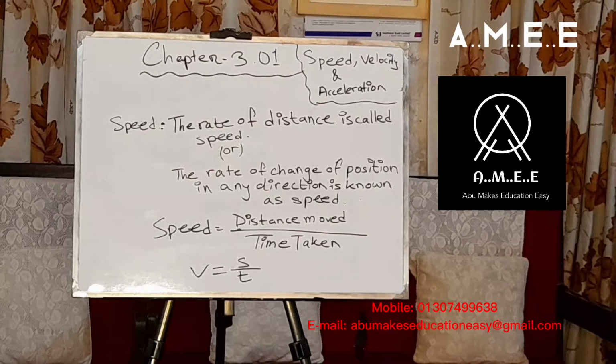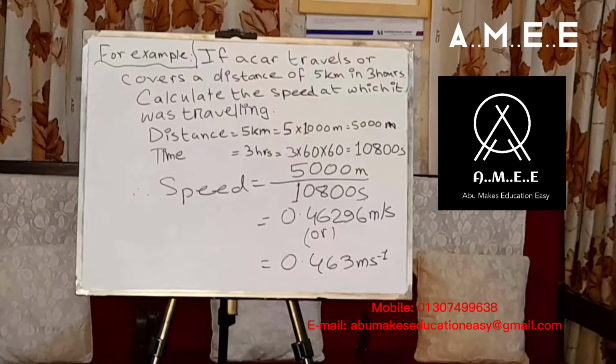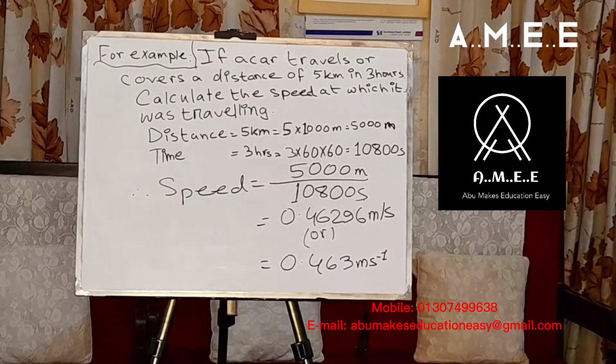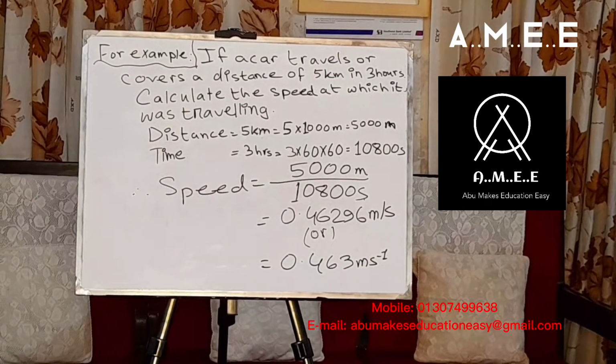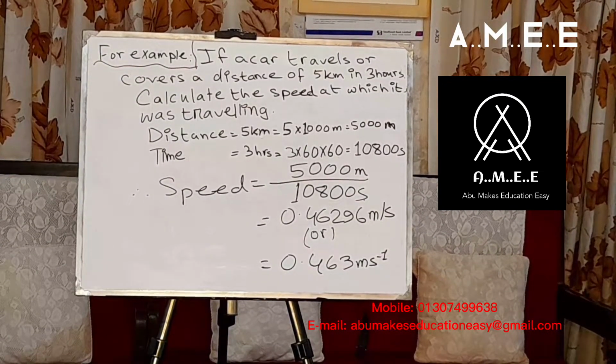Now let's look at an example. Here in the example we have written: if a car travels or covers a distance of 5 km in 3 hours, calculate the speed at which it was traveling.